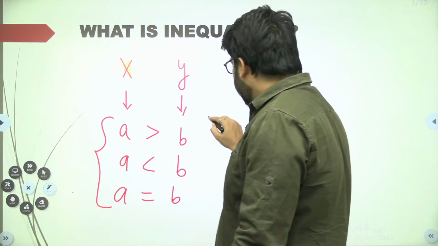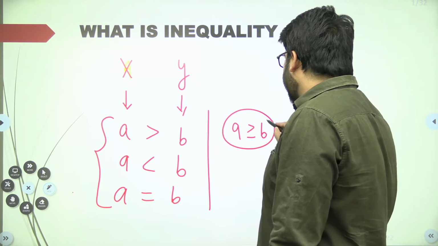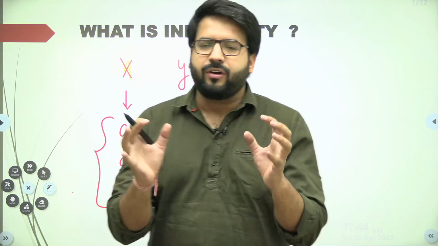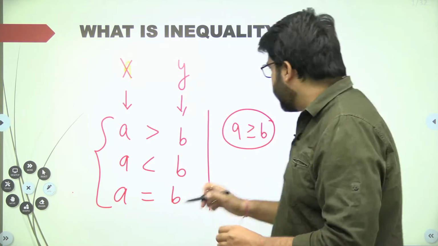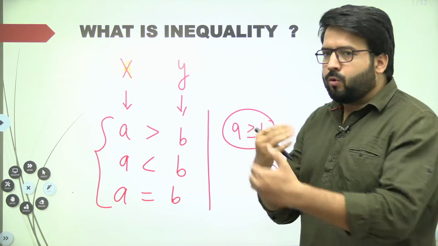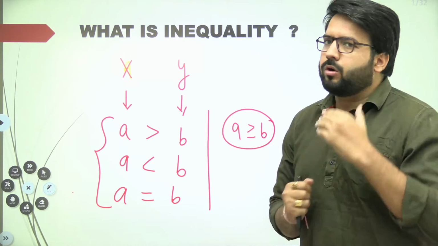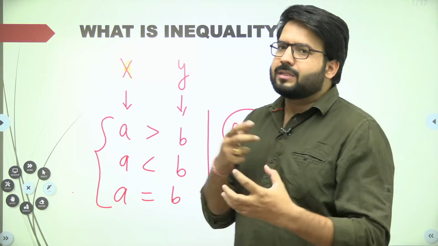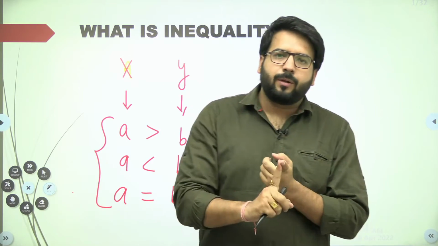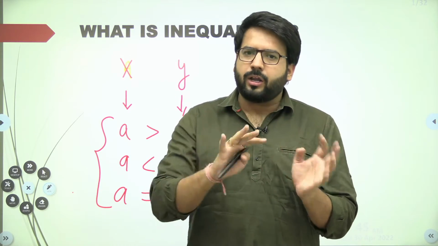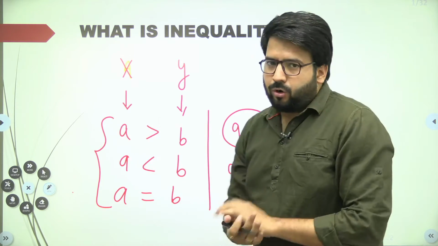But if I say A is greater than or equal to B, this type of inequality is known as indefinite inequality. What is the reason why this is indefinite inequality? Because the meaning of A greater than or equal to B is that A can be greater than B and A can be equal to B. So you are not confirmed what is the exact relation between A and B, but it is confirmed it may be only A greater than B or A equal to B. One more, if I write A less than or equal to B, what is the meaning of this?